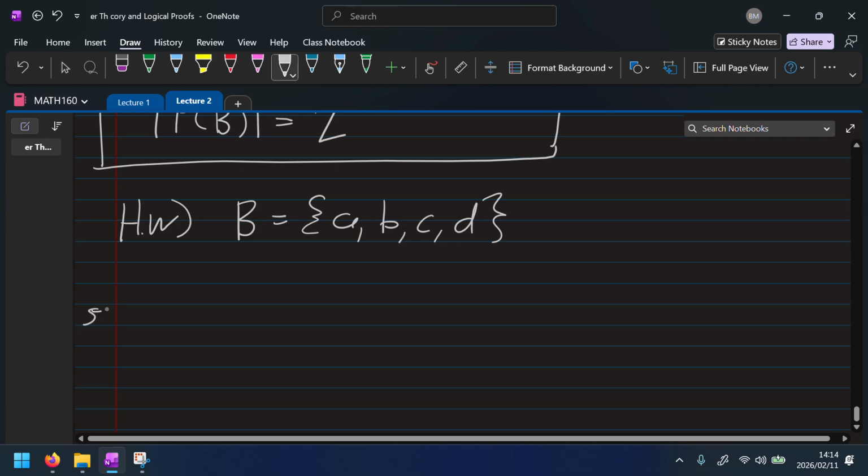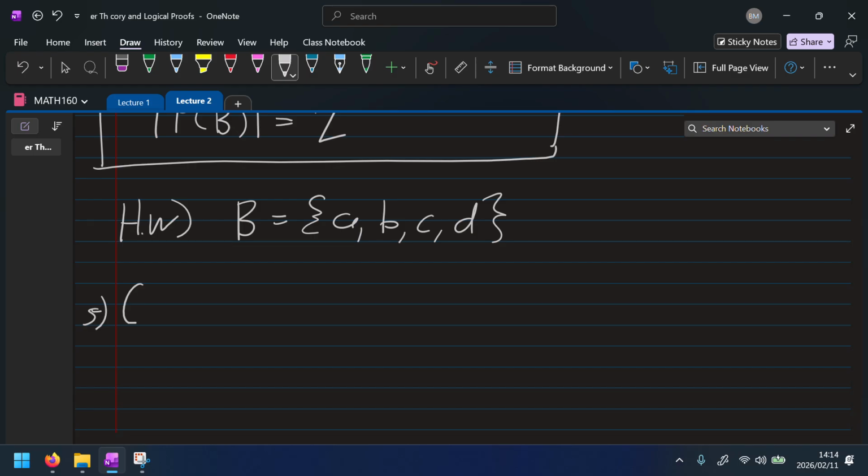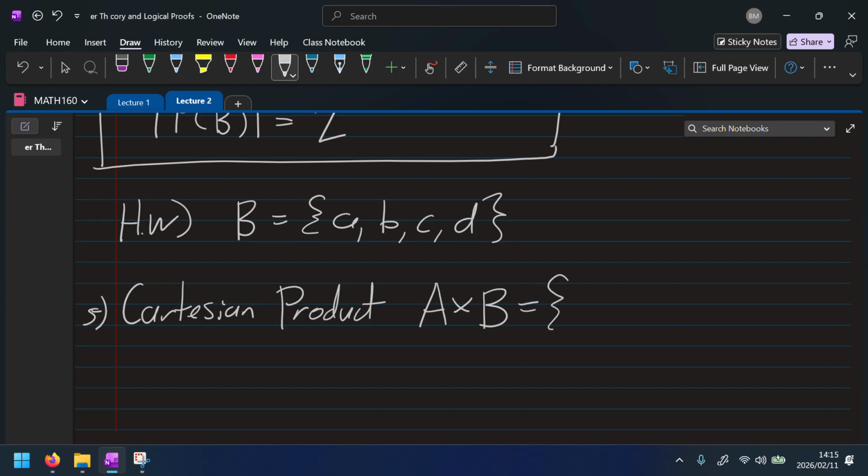Next, number 5. This will be the last operation that we do, and that is the Cartesian product. Given 2 sets, A and B, we write A cross B, like the times, so A times B. This is equal to the set of ordered pairs. You know from analytical geometry, you have XY coordinates.